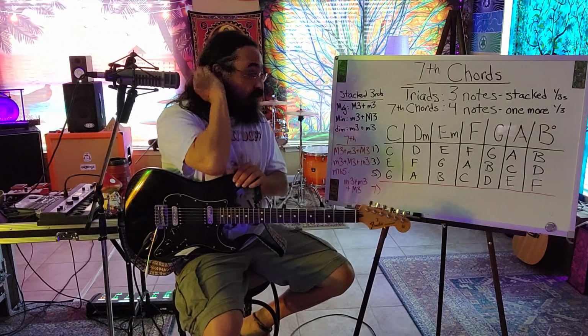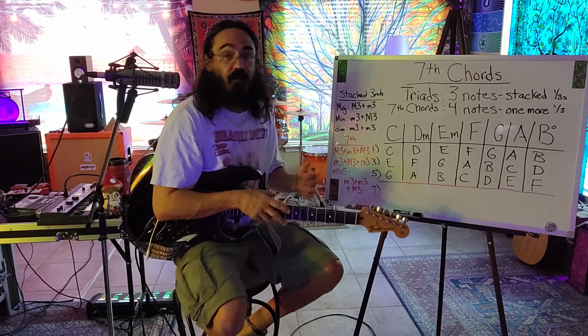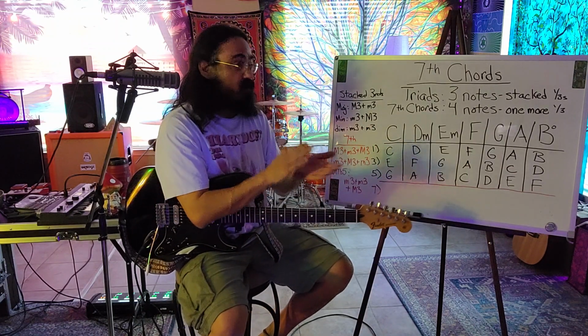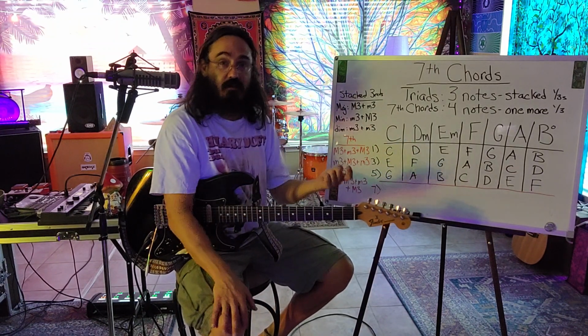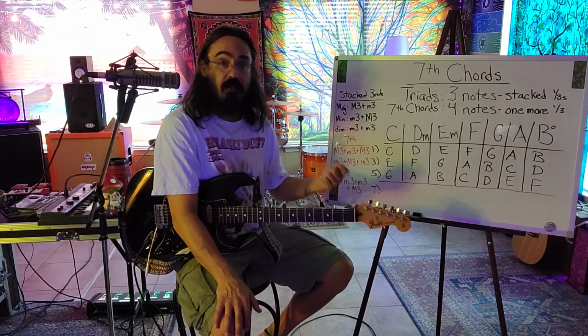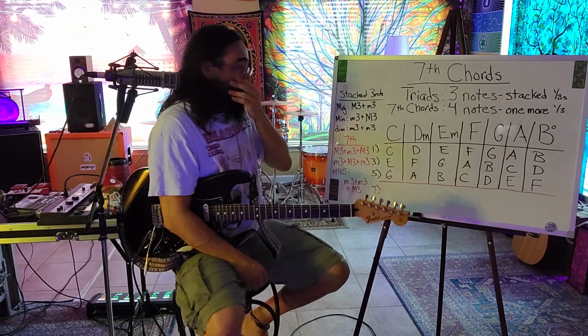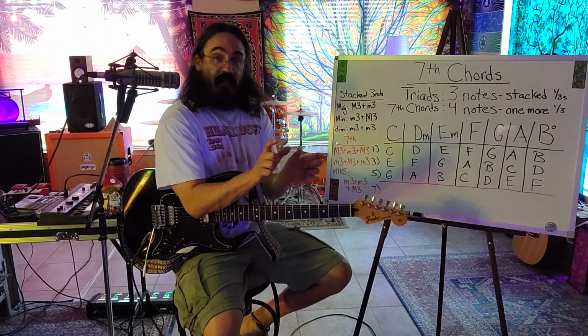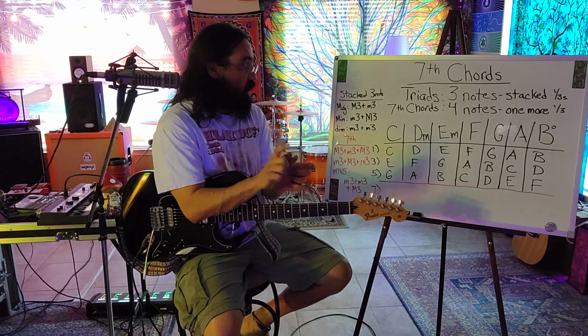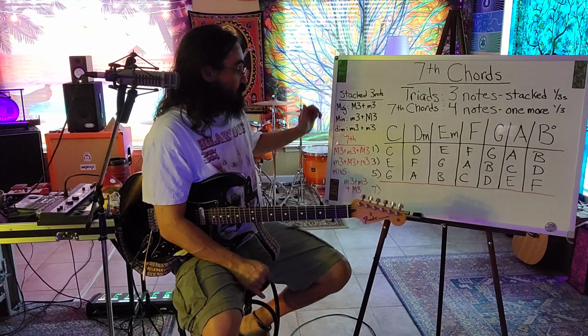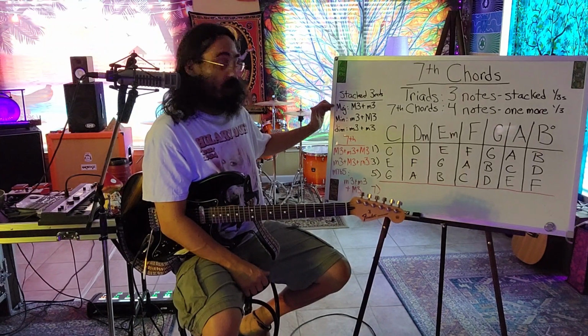So that is the difference between a major and a minor chord. Its third note, the interval relative to the root: is it a major third or a minor third? So in thinking of chords as stacked thirds, we can look at them this way as well.